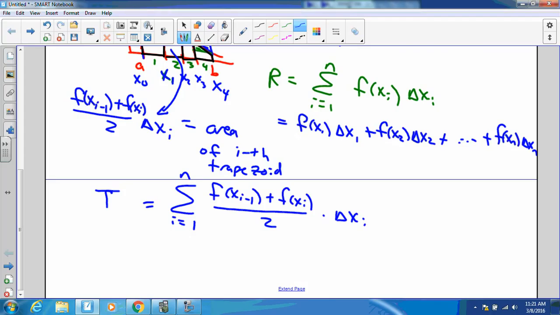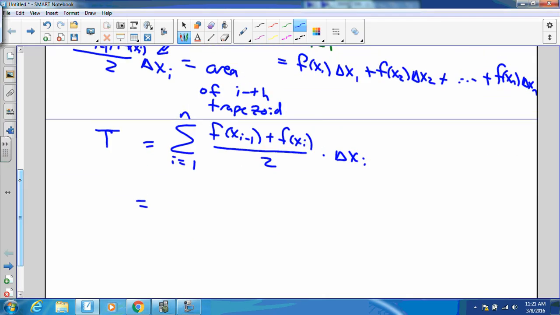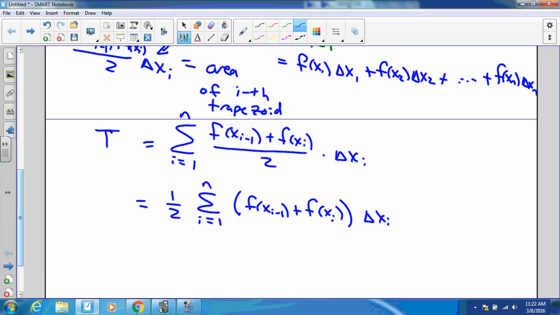Because this is a sum, I can do the usual algebra stuff to it. In particular, I can pull out the common factor of 1/2 right there, and I can distribute my delta x to each one of these.